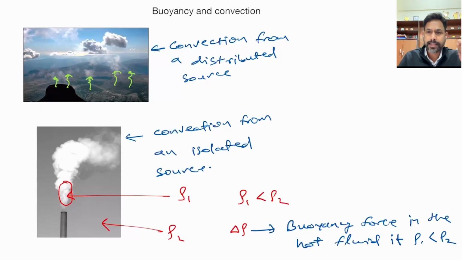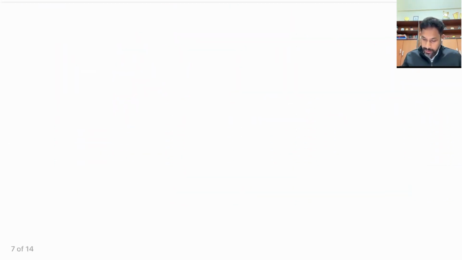So that creates the density difference, and that density difference brings buoyancy force in the fluid or air at the lower layer, and that lets the warmed up fluid or heated air rise up, right? And that is how your convection is created. So to understand this in more detail, let's take an example here.